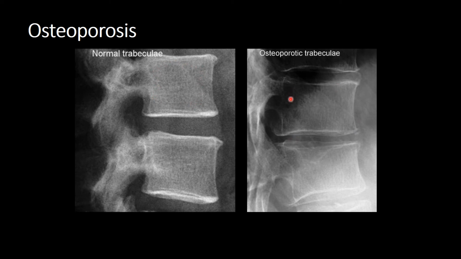On the right-hand side, with the loss of the trabecular pattern, it's much less dense in appearance, so it's very osteopenic. We describe it as osteopenic with radiology, not osteoporosis, because osteoporosis is a clinical diagnosis.